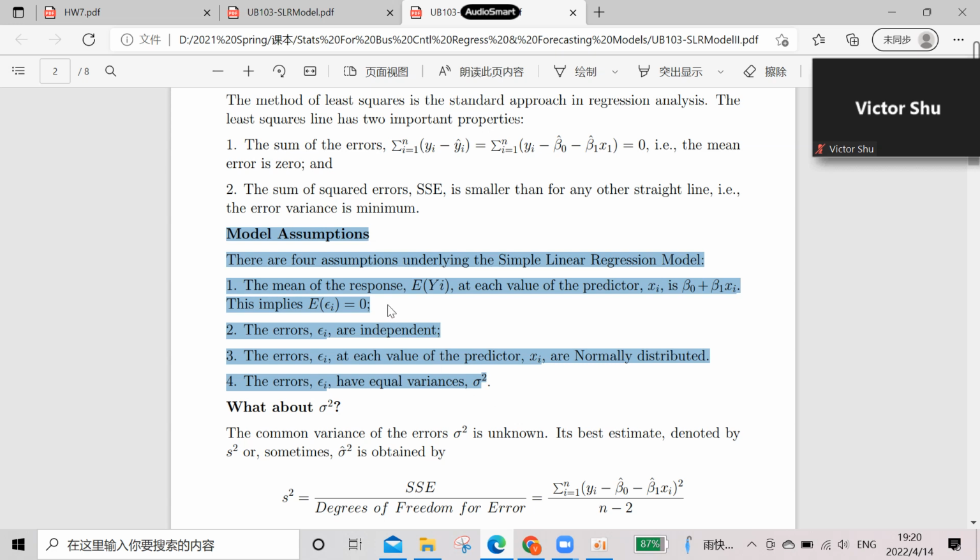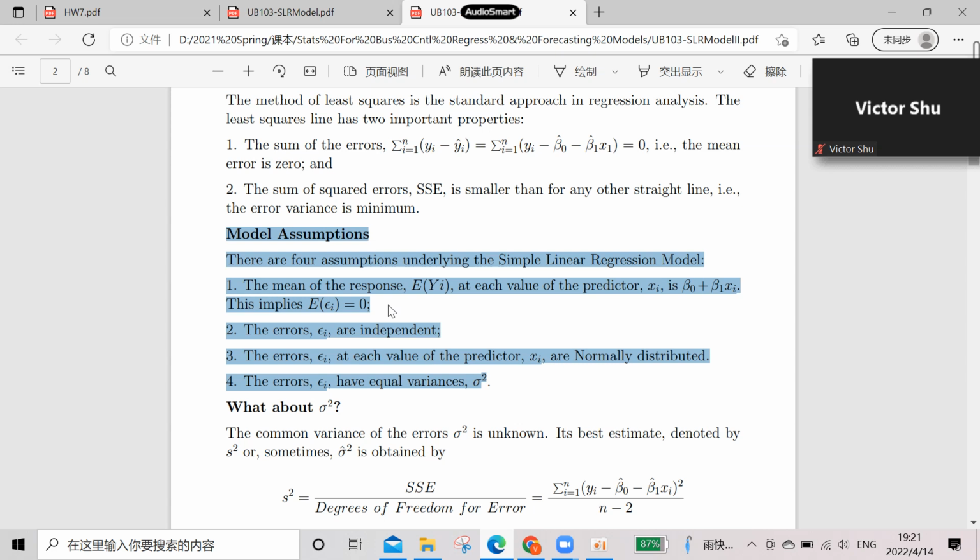There's 4 assumptions underlying the simple linear regression model. First, the mean of all residuals equals 0, and more than that, the sum of all errors squared is minimized. So mathematically, there's 2 constraints about the residuals.